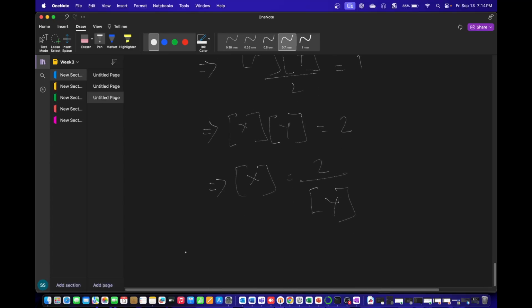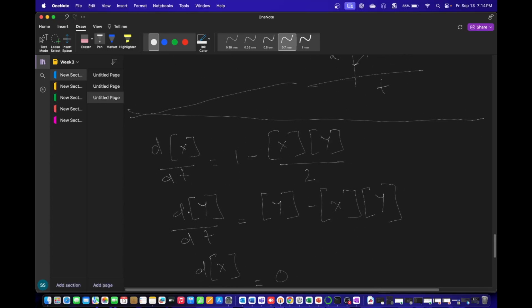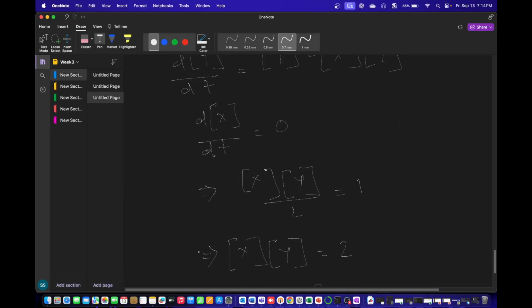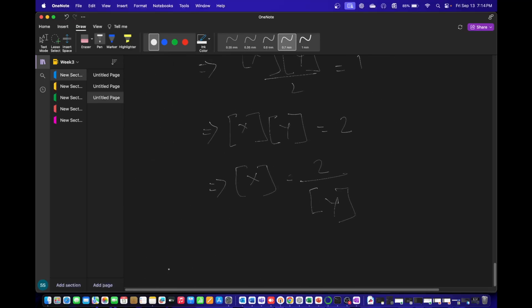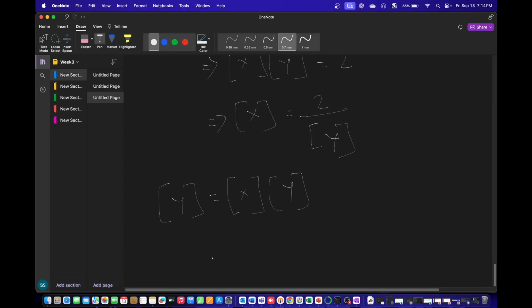Now for the second one, dy/dt is y minus xy. So this is equal to 0, so y equal to xy. From here either y equal to 0 or x equal to 1.